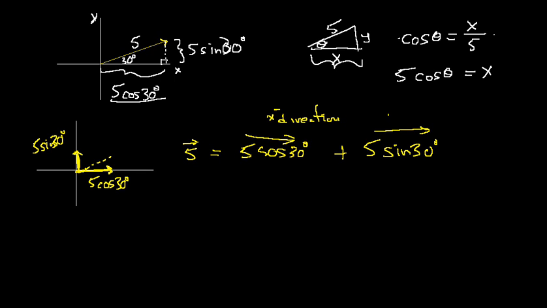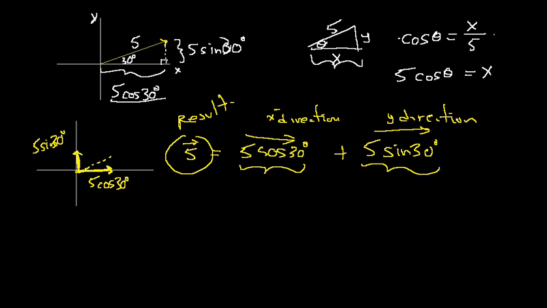That's a vector in the y direction. So this vector component in the x direction plus this vector component in the y direction is going to give you the resultant vector.